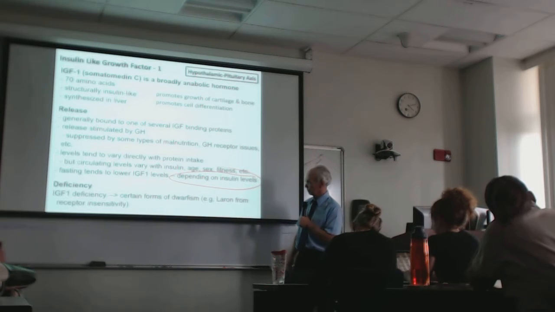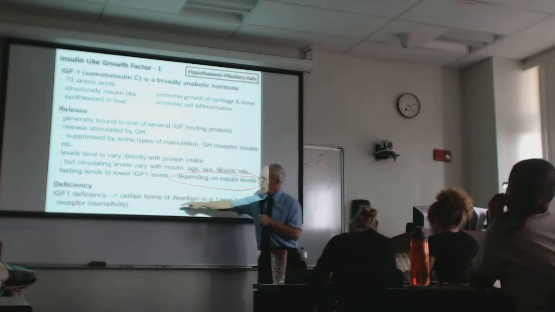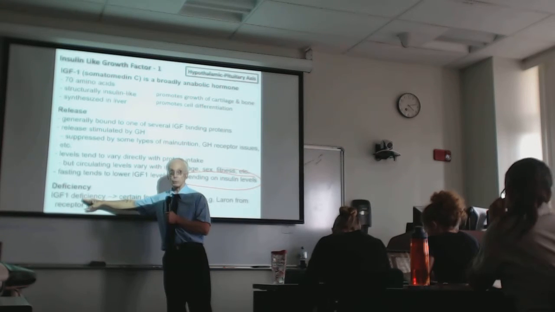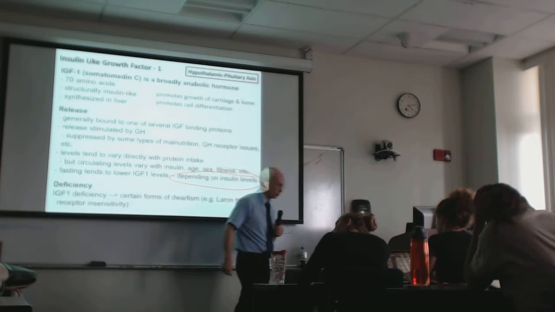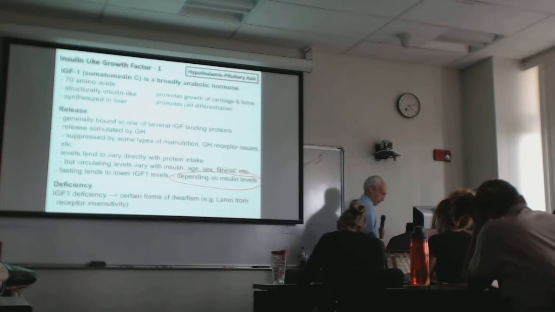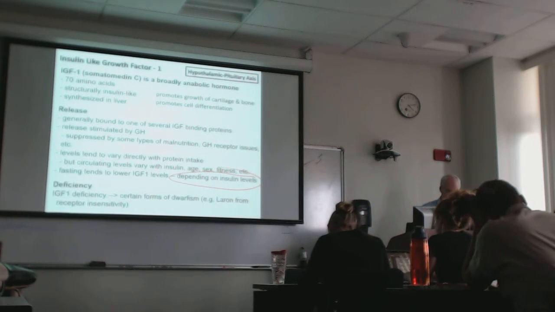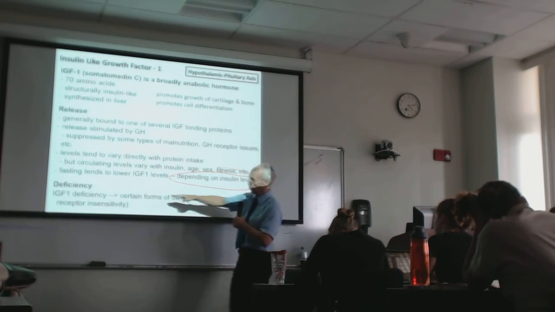I can't say that for some reason. That results from inability of the receptor hormone complex to produce a normal biological response. There's something wrong with the signaling pathway. So it's a receptor issue? It's a receptor issue.